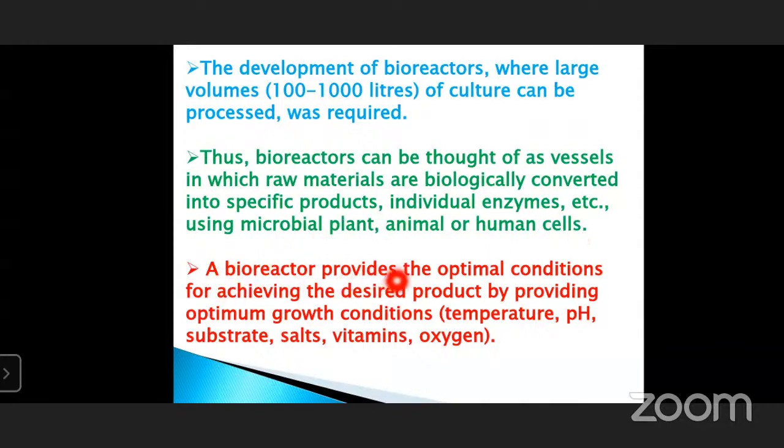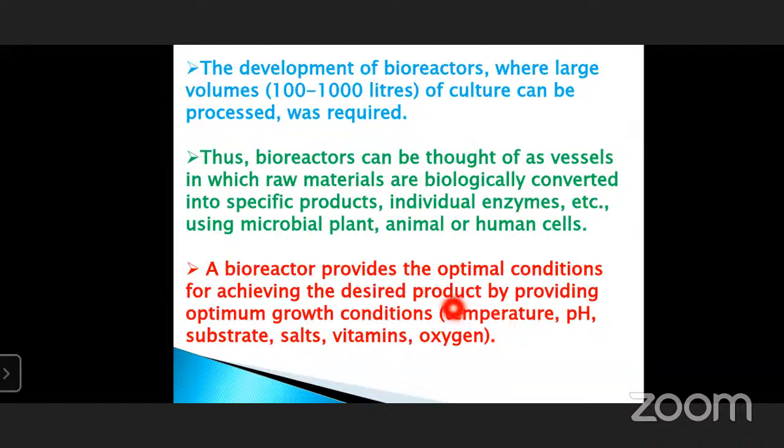A bioreactor provides the optimal conditions for achieving the desirable products by providing optimum growth conditions. Optimum conditions means suitable temperature, suitable pH, and salt, and the addition of essential vitamins. If that organism is an aerobic organism, oxygen is supplied to the bioreactor. If that organism is an anaerobic organism, oxygen supply is prevented.